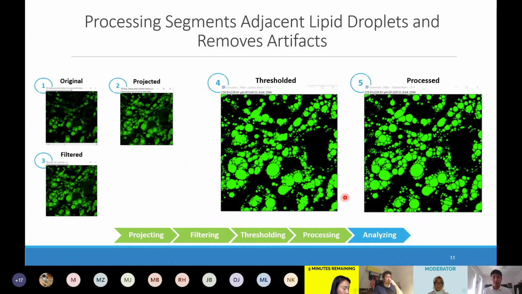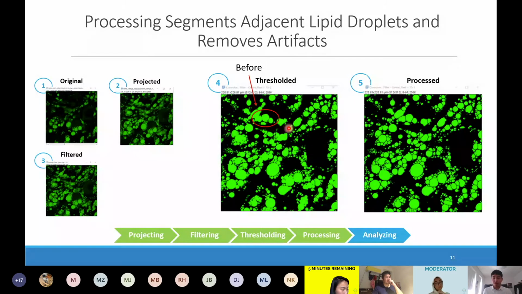Next up, we move on to processing, and this allows us to segment adjacent lipid droplets and remove artifacts. One thing you might notice from our thresholded image in image 4 is that we have lipid droplets that are co-joined together. That poses a problem because we'd like our imaging workflow to count each of these 3 here as individual lipid droplets rather than one co-joined lipid droplet.